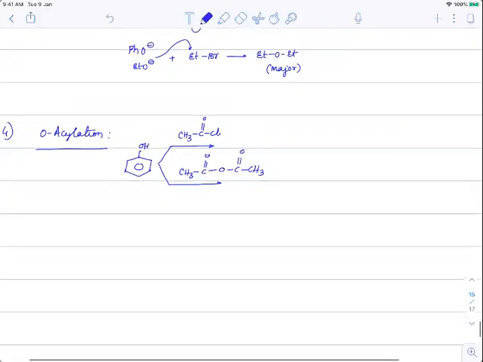Acid chlorides or anhydride, in both the cases, you will get OC double bond O CH3 connected. Same nucleophilic substitution. The lone pair on oxygen will attack carbon, chlorine will leave. So we get this.